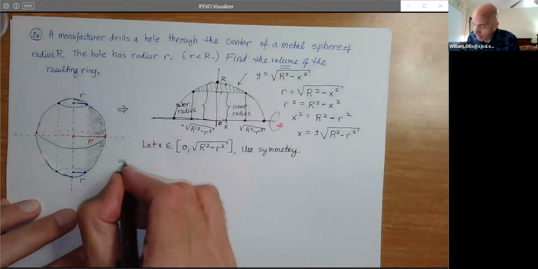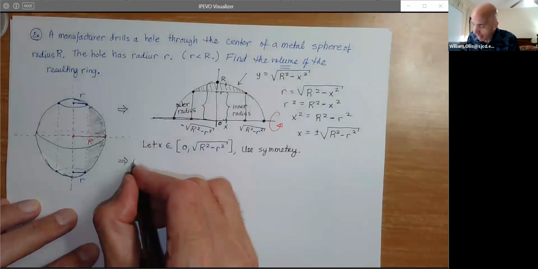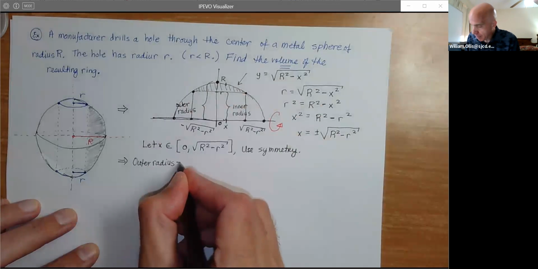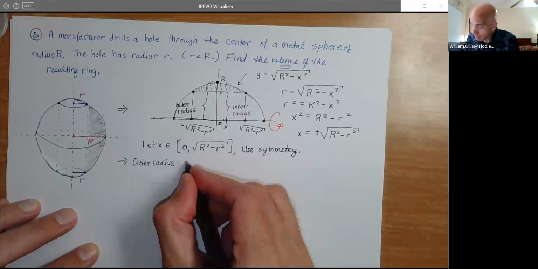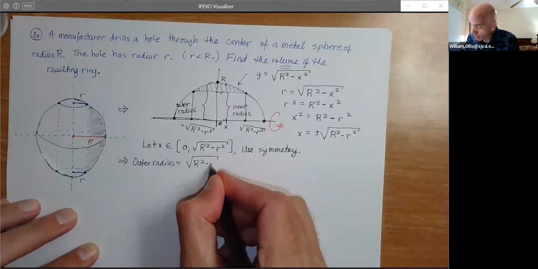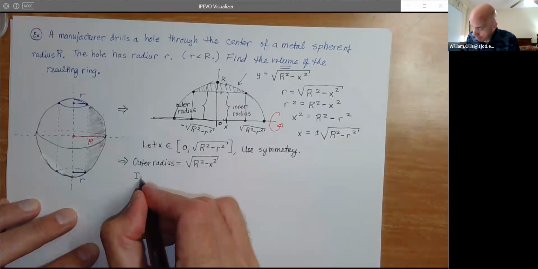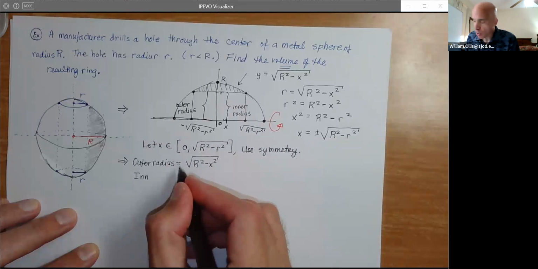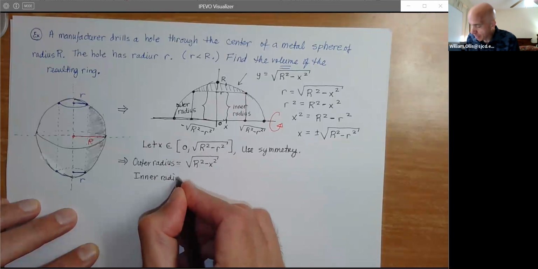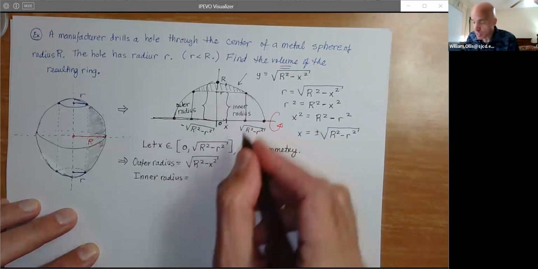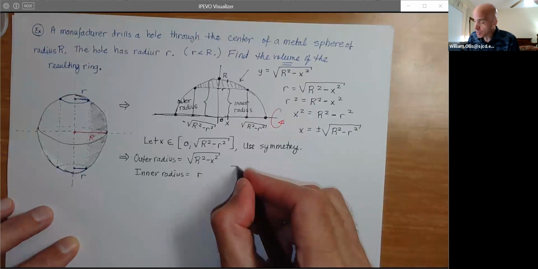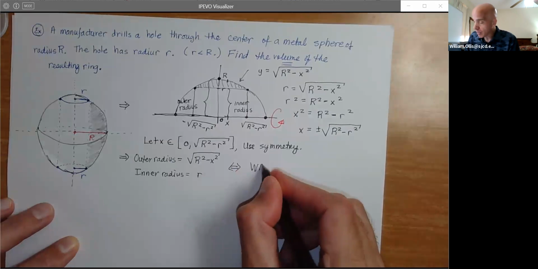So this implies, and I'll use outer since we're using the letters, outer radius equals, and that'll just be the function, square root R squared minus X squared. That's usually what we call the uppercase R, but we're already using those letters, so I'm not going to repeat them. And the inner radius is going to be fixed. It's always going to be lowercase r. So this equivalently is the washer method.